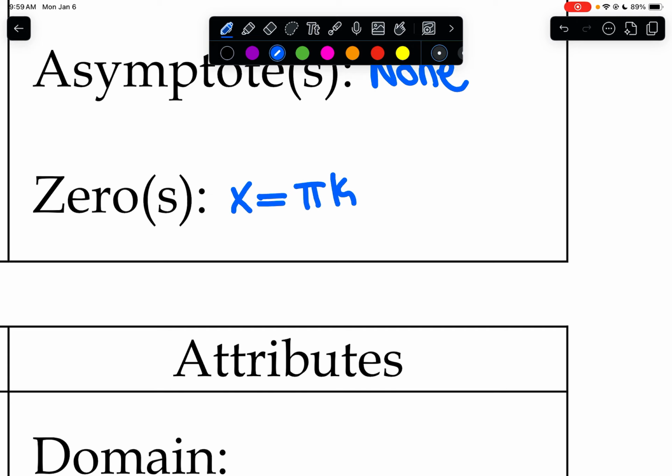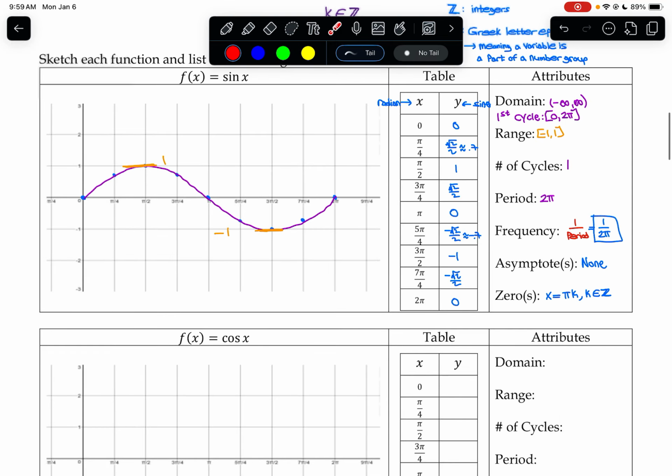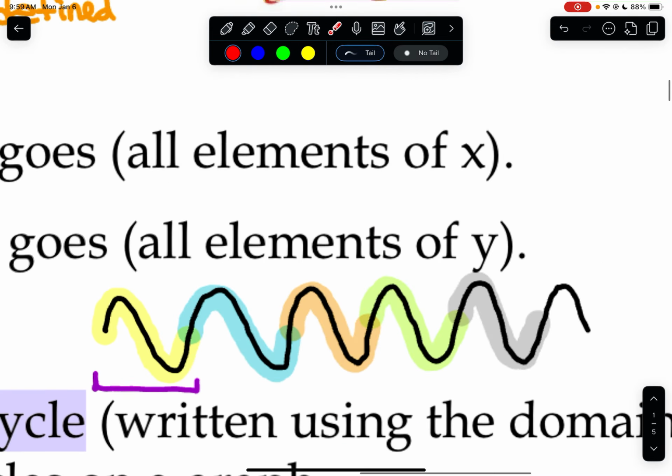Now that k value, we have to define it. Because if I just write pi k, I don't know what k is. So I'm going to say k is an element of the integers, which is a number group. The epsilon here is the fancy notation for saying is an element.